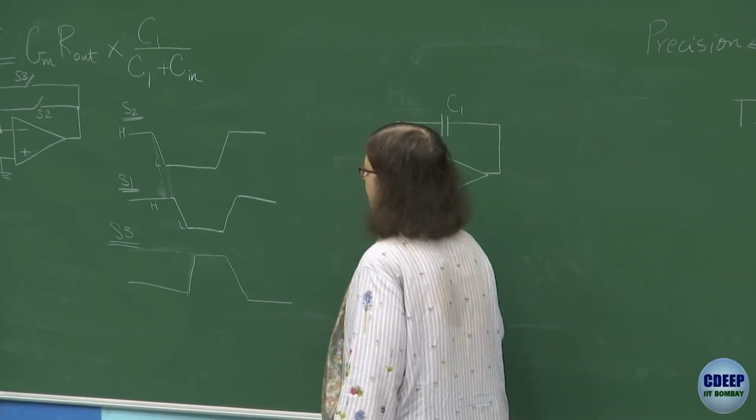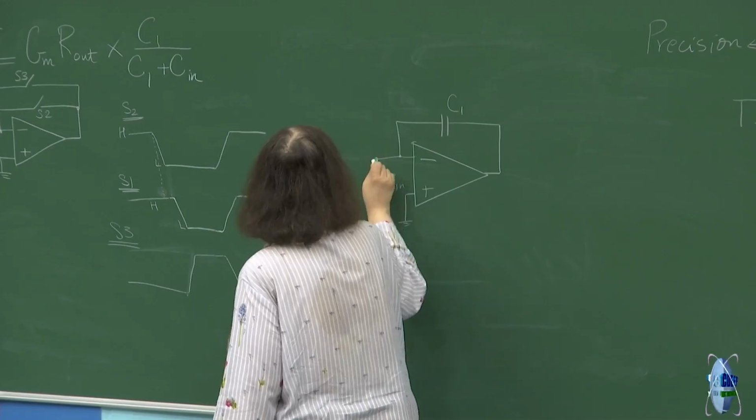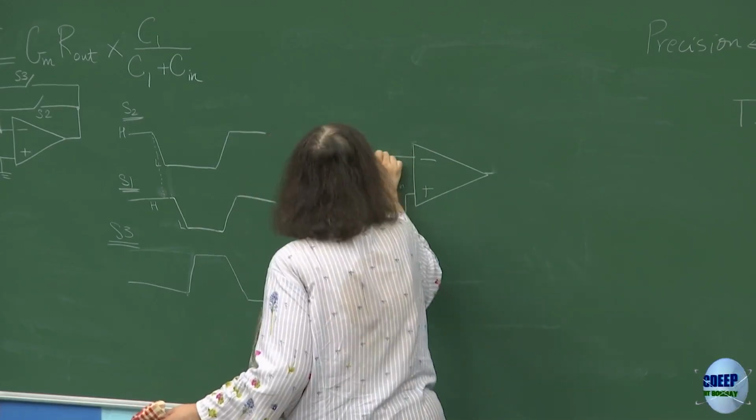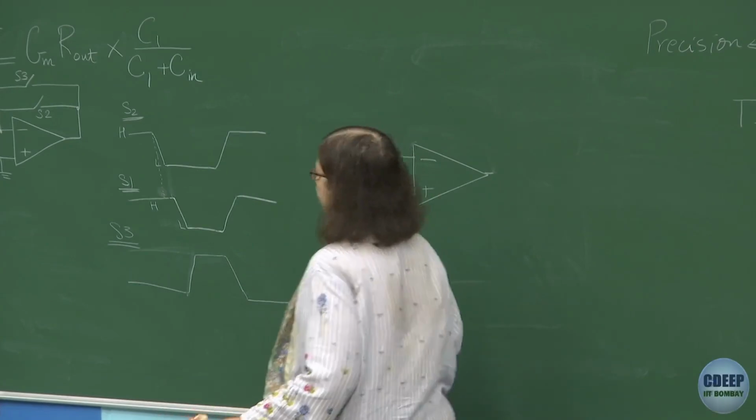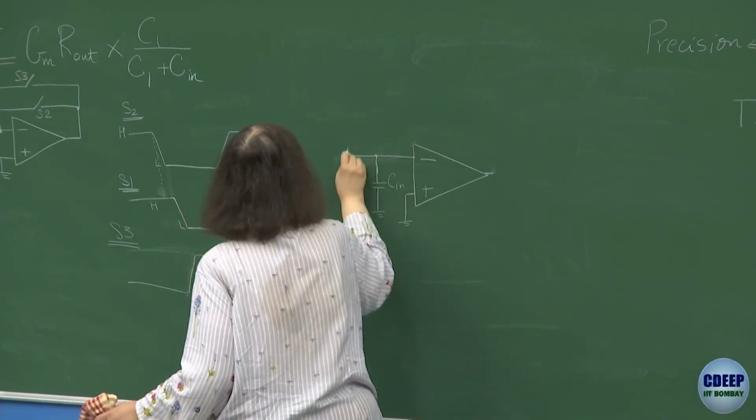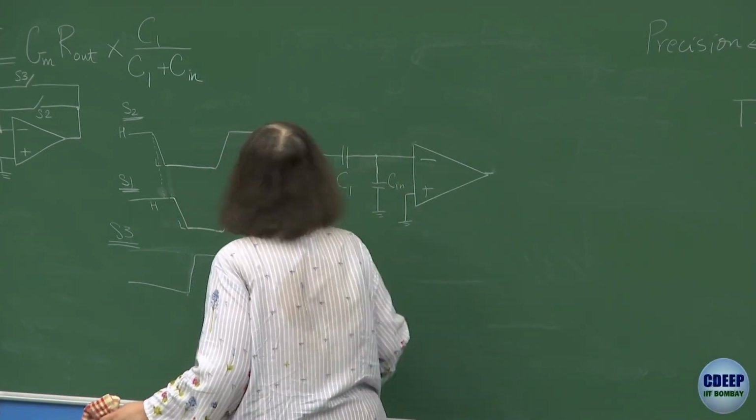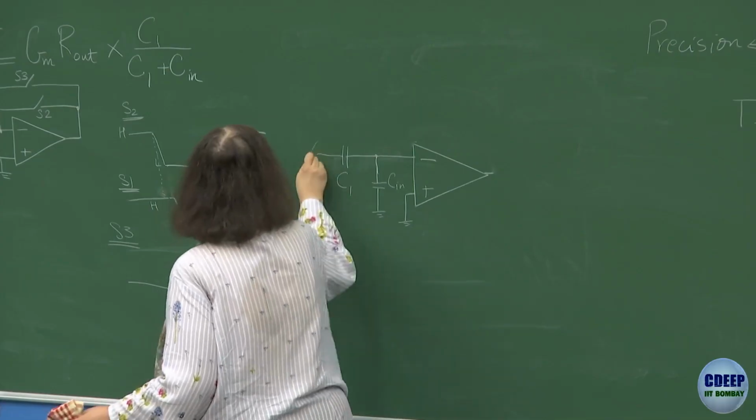So we have a Cin, and C1, one plate anyway is fixed at the input and the other plate is connected to the op-amp input.